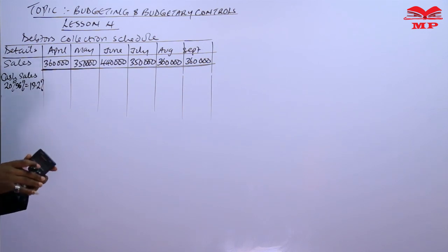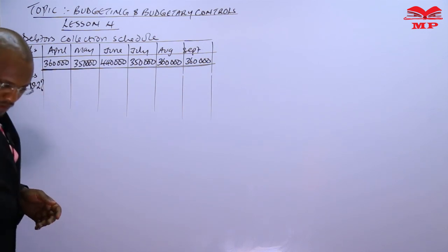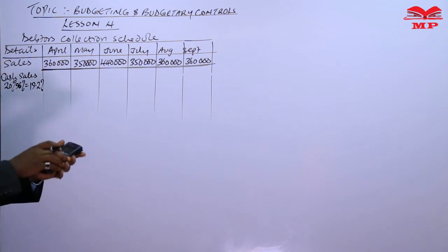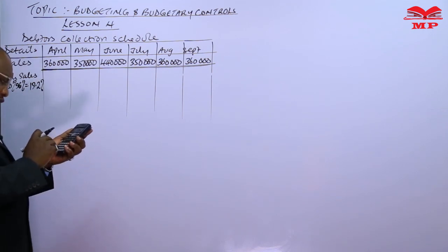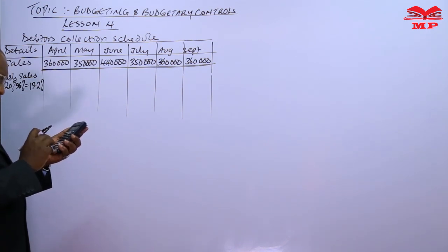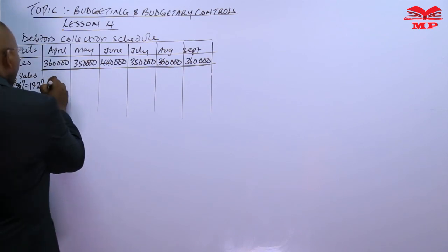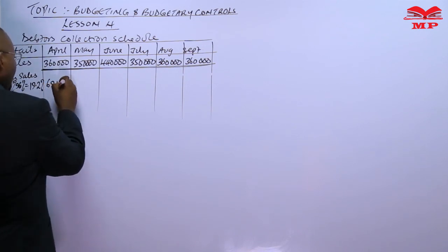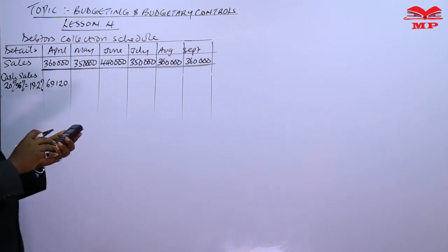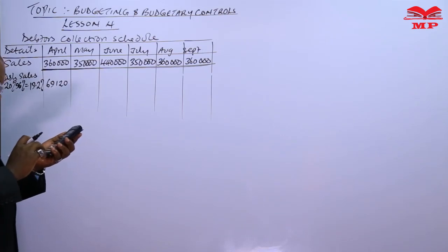That is like saying the 4% on the amount of cash sales is actually like 0.8% in percentage terms. So we can have this collection: 0.192 times 360,000, which is 69,120. This is the same as saying that we take 0.2 of 360,000.